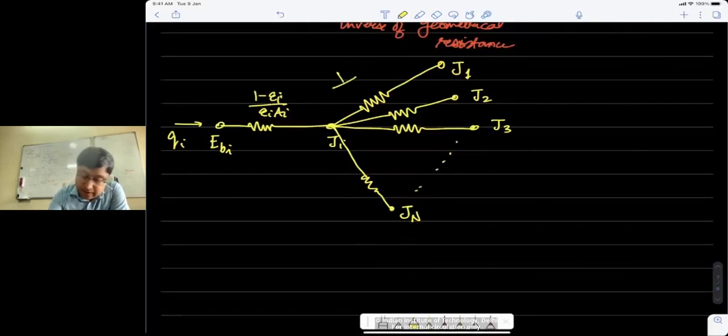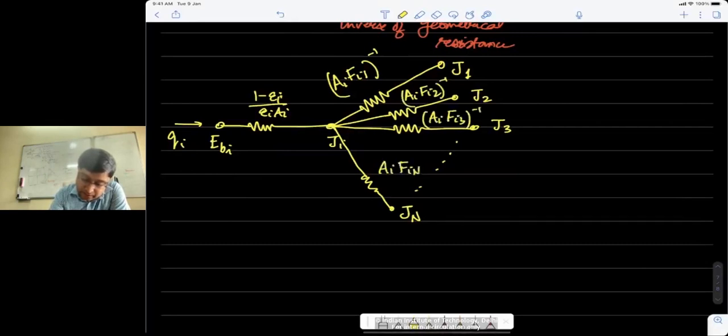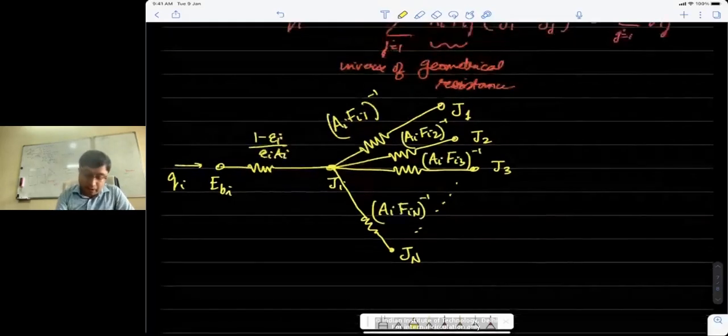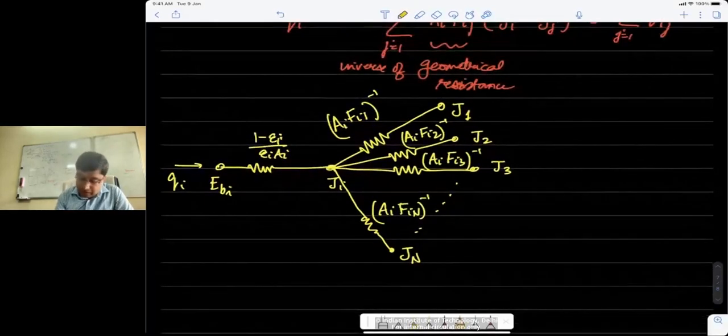Individually, each one is offering a resistance of Ai Fi1 inverse, Ai Fi2 inverse, Ai Fi3 inverse, and Ai Fin inverse, and Qi is coming in at this node.